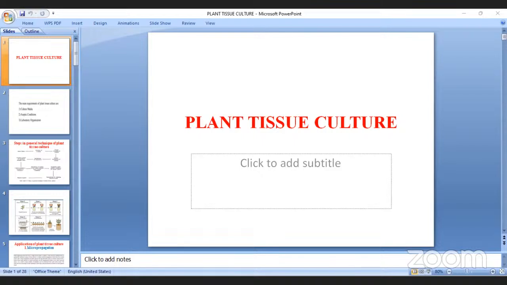Let's see the types of cell suspension culture: batch culture and continuous culture. First of all, batch culture.